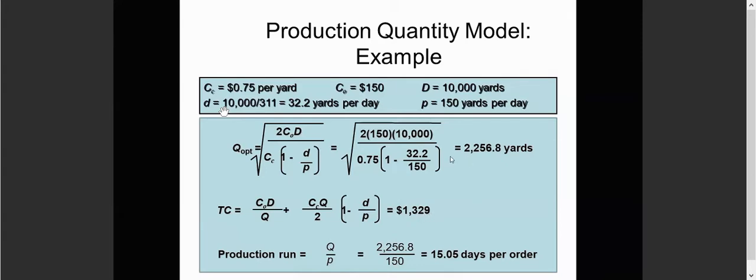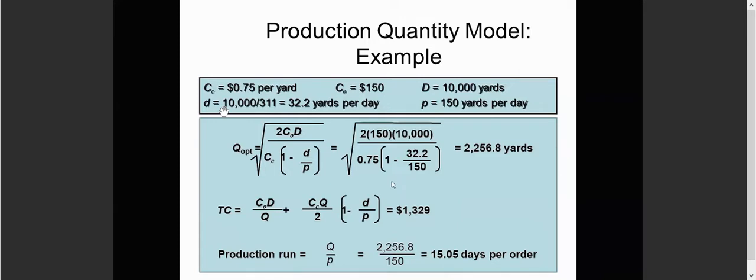So the important information here is that we can determine the optimum batch size for the production environment.